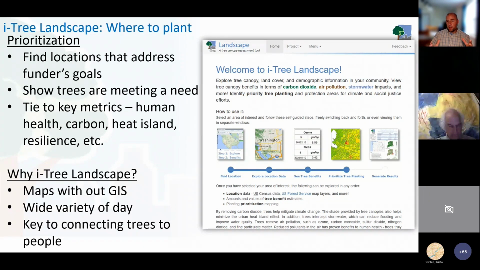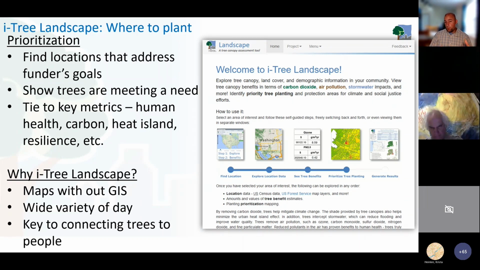And within iTree Landscape, we have so much data and so many layers that you can tie to all sorts of key metrics, things like human health or carbon or urban heat island or climate resiliency. All of those data are in iTree Landscape. So if those are things that are important to your funders, that are included in their grant offer, you can tie those in with iTree Landscape.